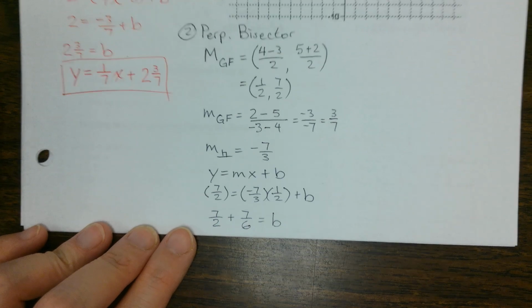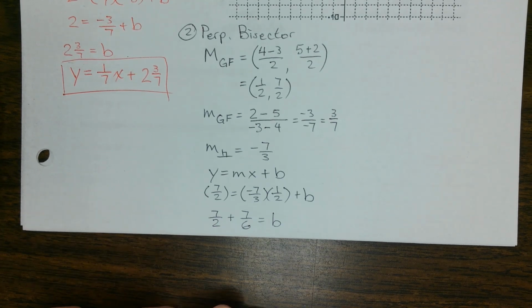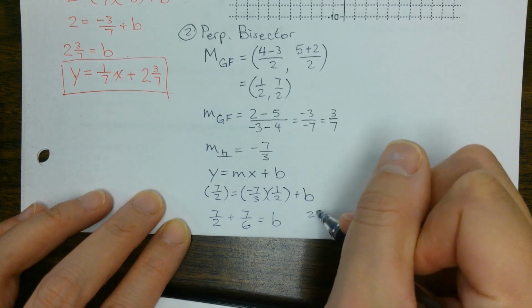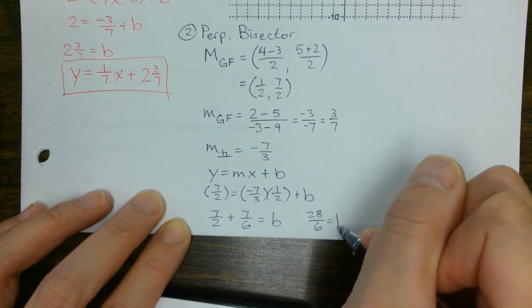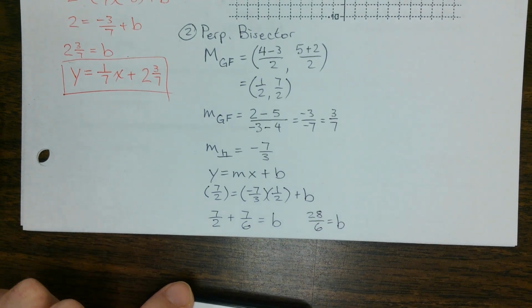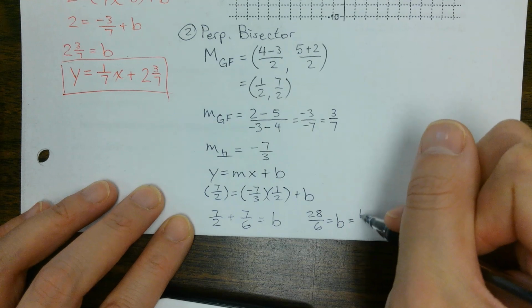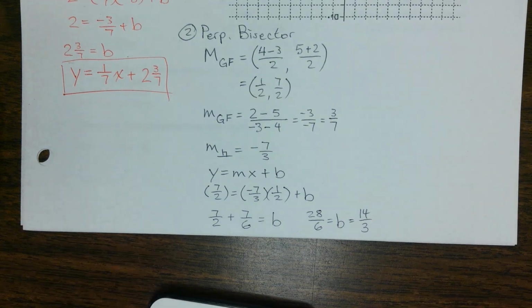So common denominator is 6. So 7 times 3, 21 plus 7. So you get 28 over 6 equals b. Reduce that. 28, so 14 over 3, after you reduce it.